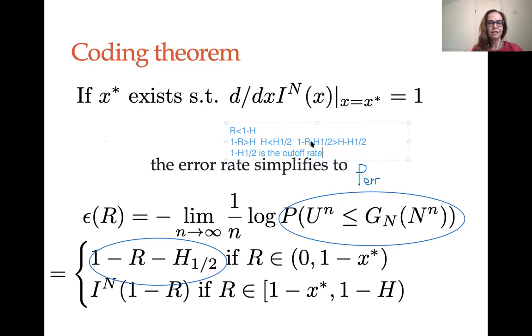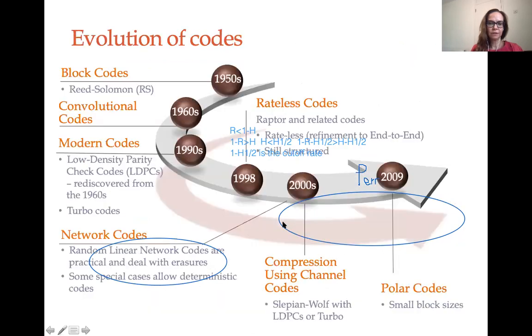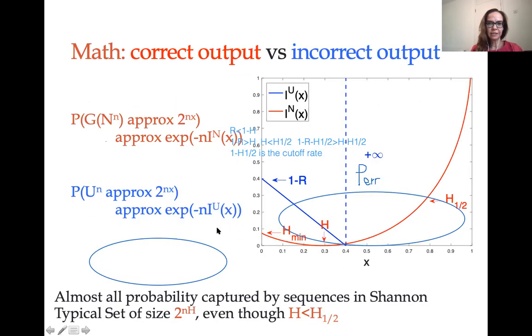This is the cutoff rate minus R. That's what this is. But the main point is that this is what the error rate is. And moving on to the next slide.